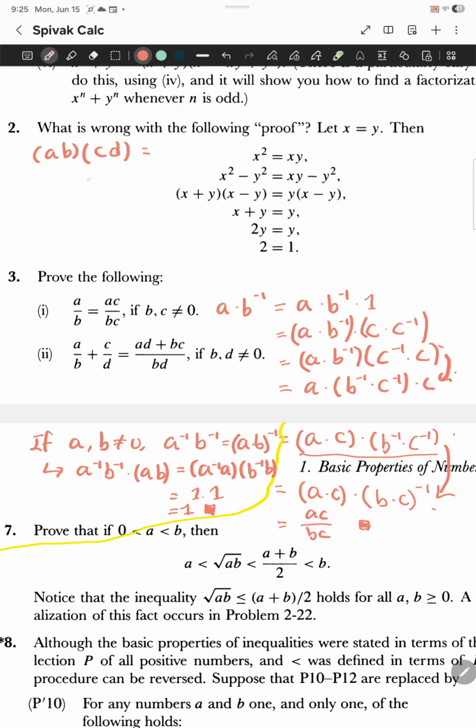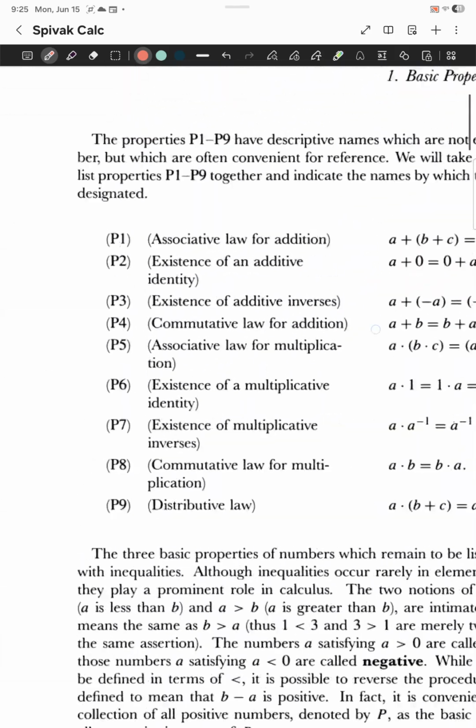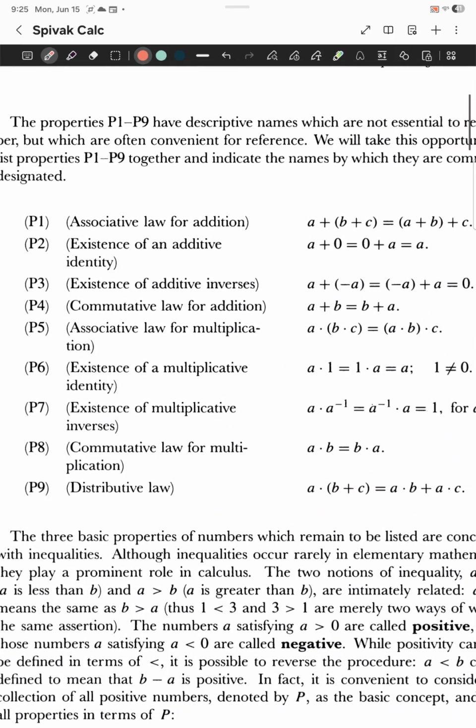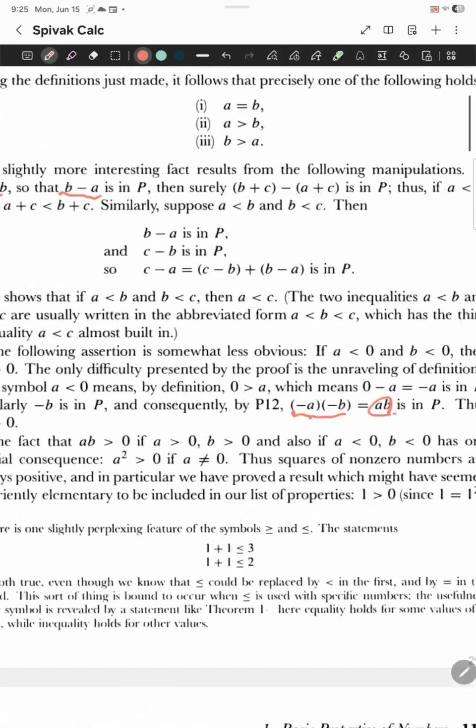We can do this now because of associativity. What is associativity really? Let's go back to the definition and stick to the symbols that they gave us. Associative law: (ab)c is equal to a(bc). Okay, got it.